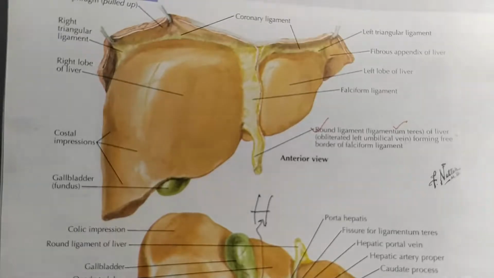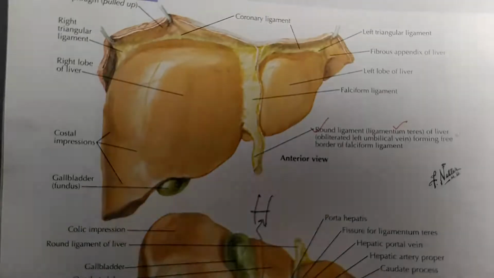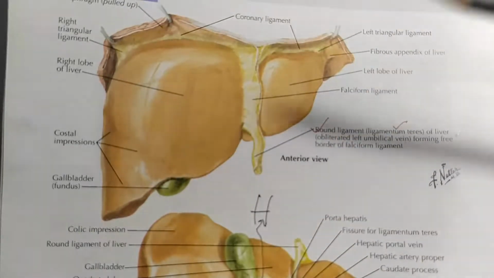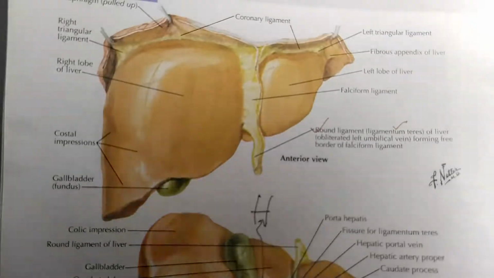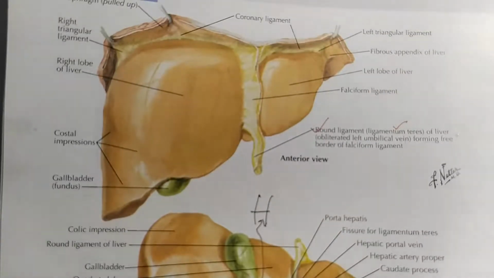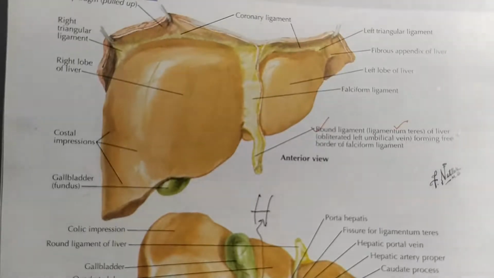It must be held by some support. The most important support of the liver is the hepatic vein, which lies posteriorly and directly enters into the inferior vena cava.